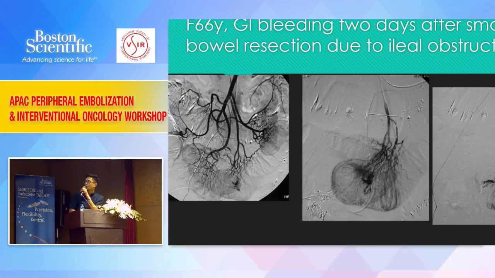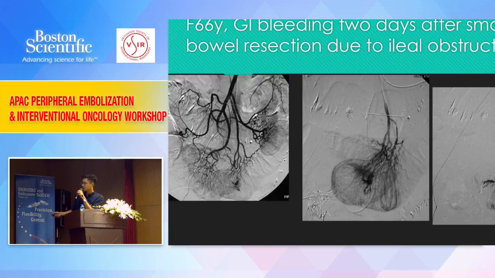Other patient, after small bowel resection due to ileal obstruction because of a ligament, she has very severe fresh blood in the stool, and the inferior mesenteric artery shows there is extravasation at this point, and very selective with the microcatheter, the neuro microcatheter.